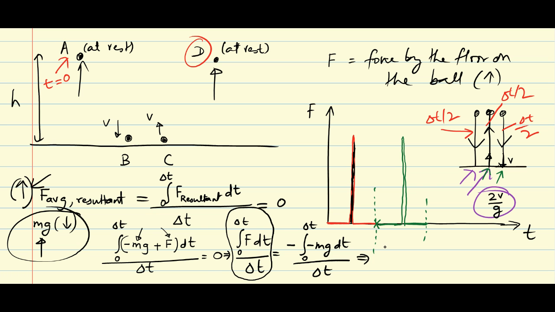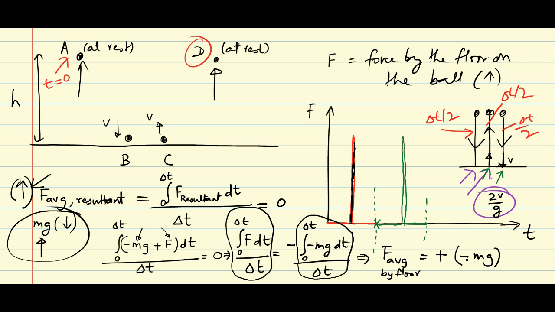So the result is that the average value of the force by the floor on the ball is the negative of this, which is nothing but, you can either do the actual calculation by integration, it's very simple, this answer turns out to be minus mg, or you know that that's the average gravitational force acting on the ball, which you know to be minus mg.